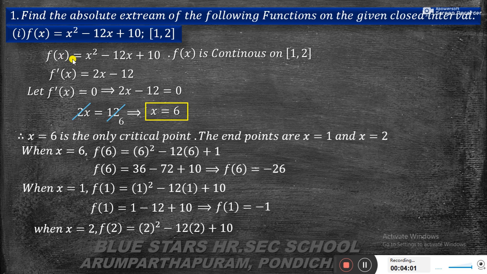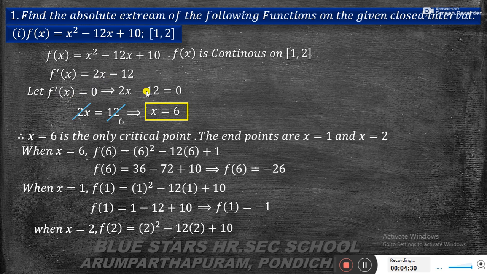So first step, I write the given function f of x equal to x square minus 12x plus 10. Here f of x is continuous on the closed interval 1 comma 2. In the next step I find the derivative. So f dash of x equal to 2x minus 12, since the differentiation of x square is 2x and of 12x is 12. Next I take f dash of x equal to 0.